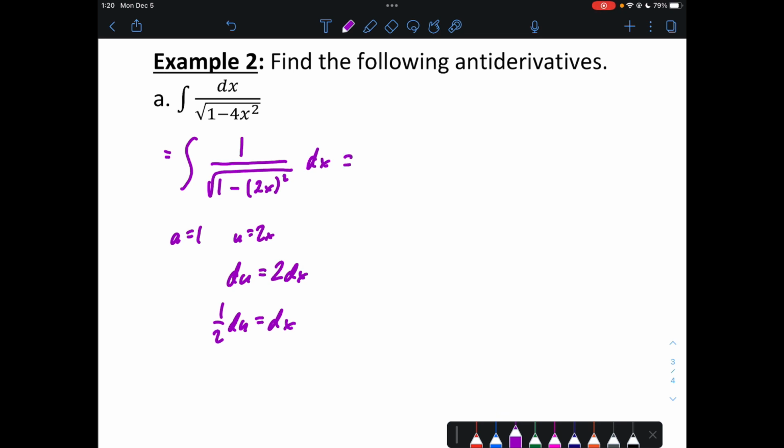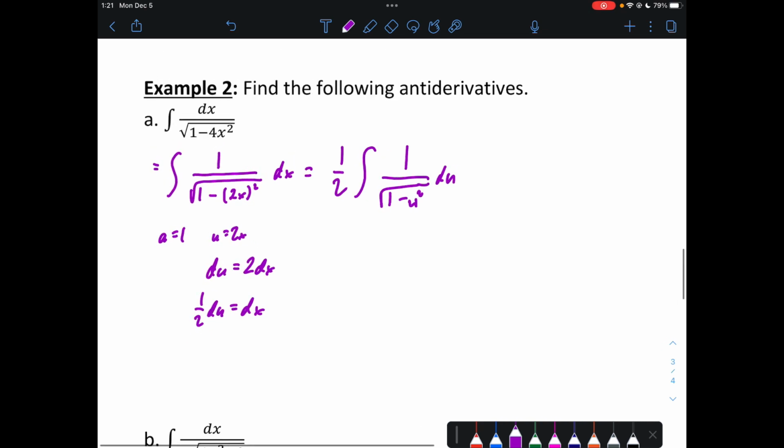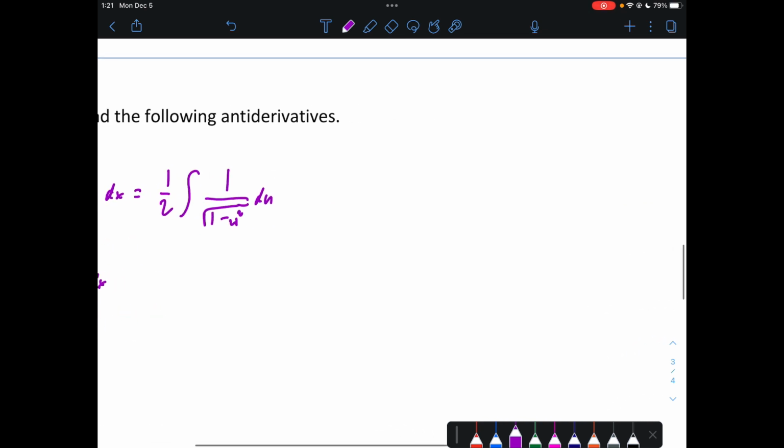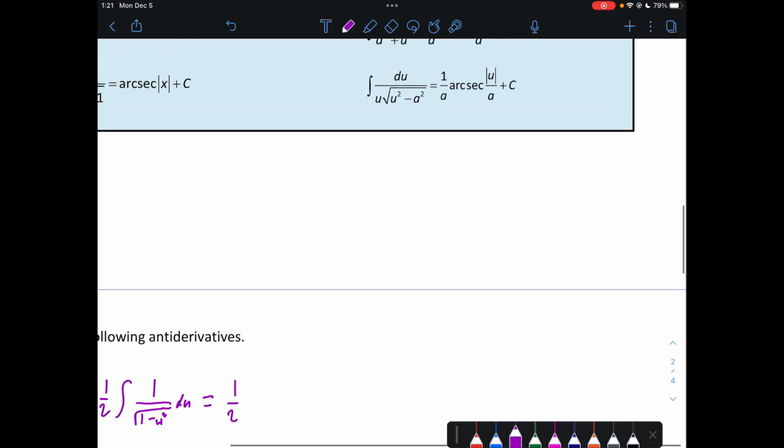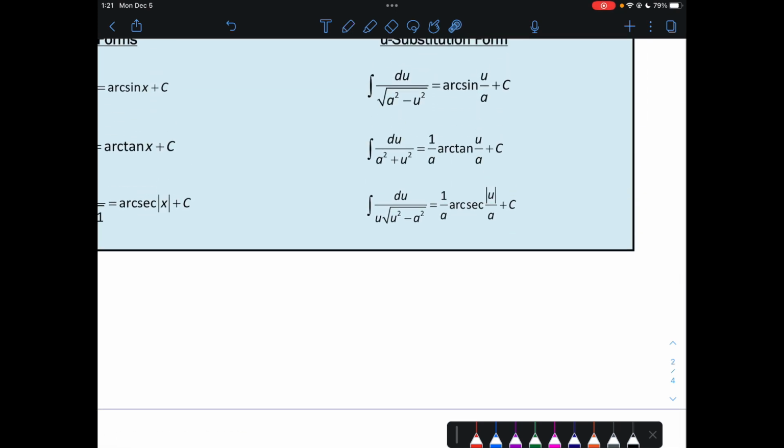I can rewrite this as 1/2 antiderivative 1 over root 1 minus u squared du. And now I can use that rule right here.